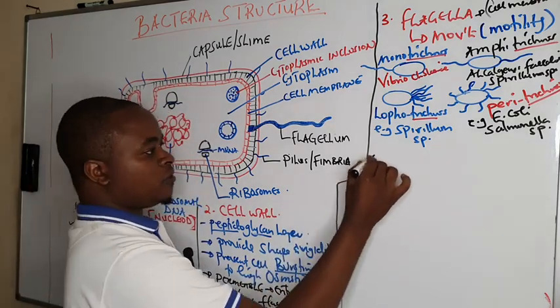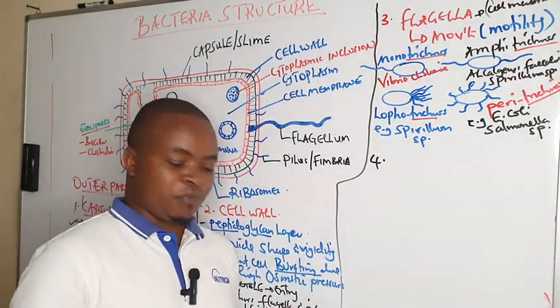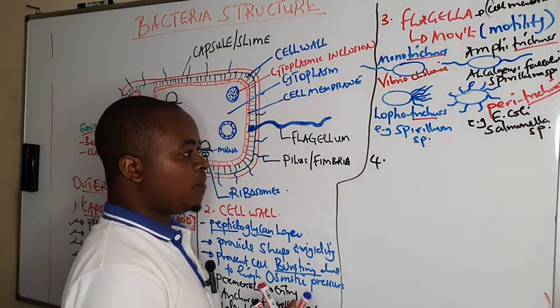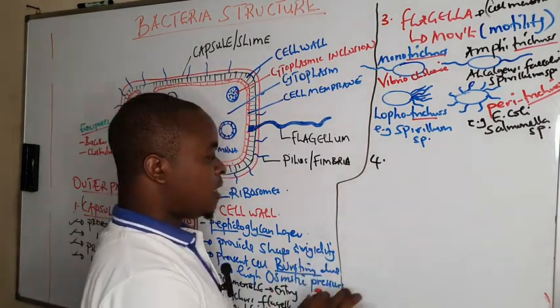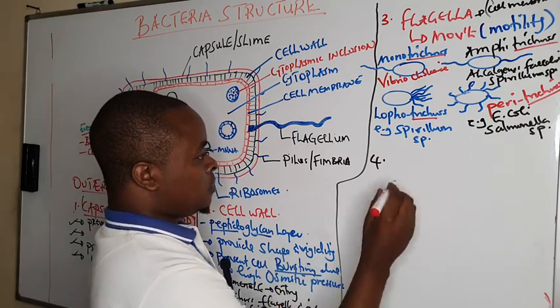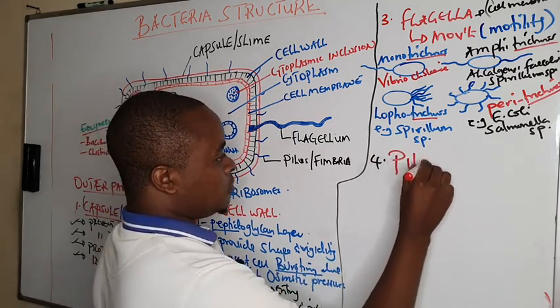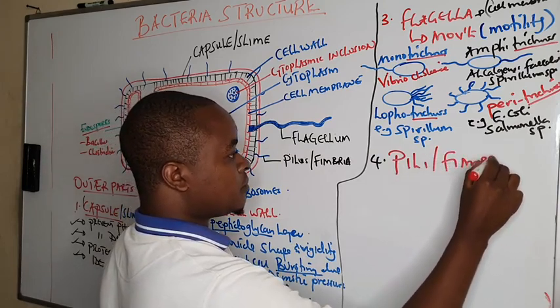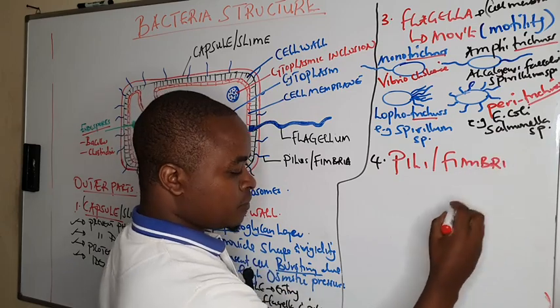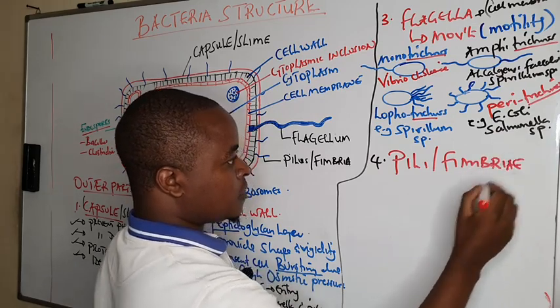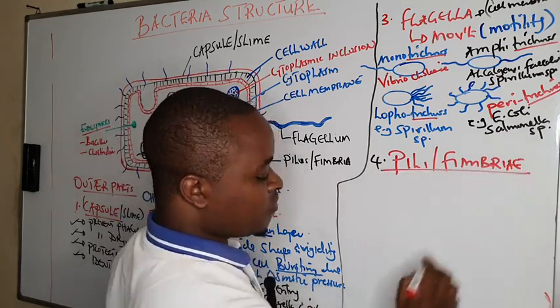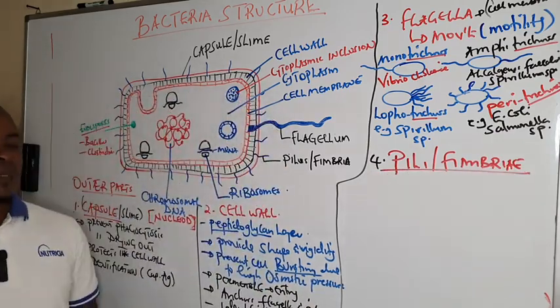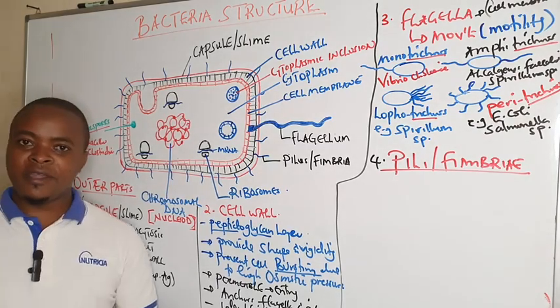So number 4 we are going to talk about is the pili. When there are many, we call them pili, or you can call them fimbriae. So this is the 4th part of the outer parts of the bacteria.